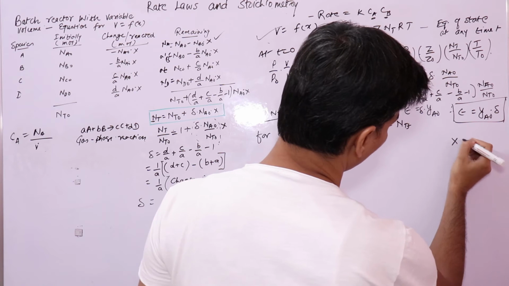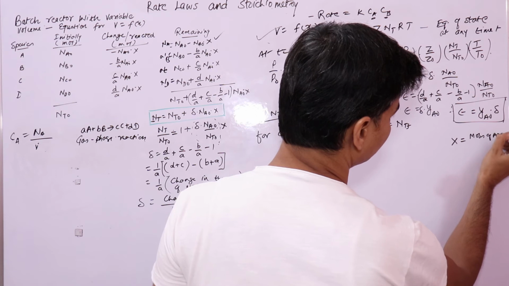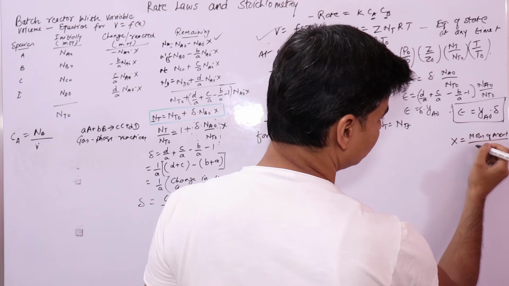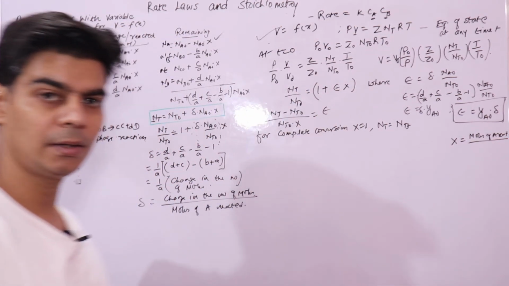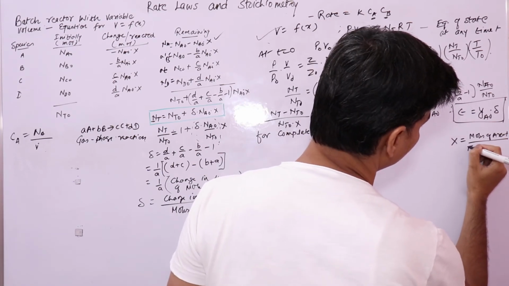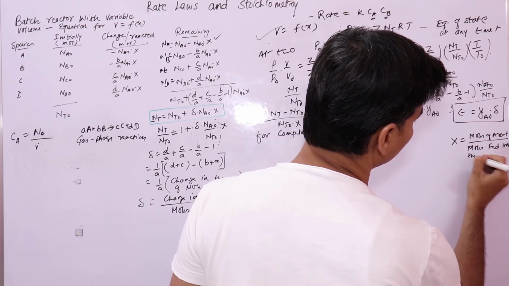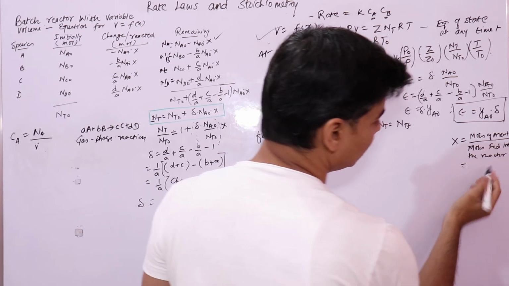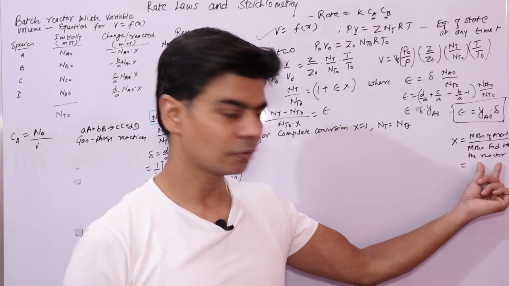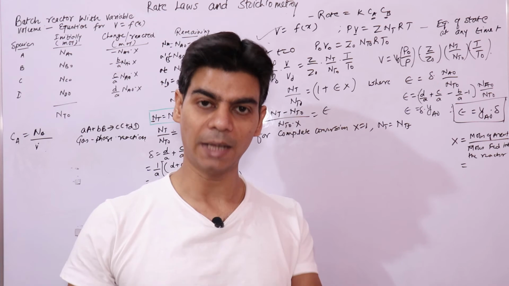And x is equal to, if you just recall, moles of A reacted divided by total number of moles of A fed into the reactor, right? So when we say complete conversion, that means the total number of moles fed will react, because conversion X represents how much of the reactant has reacted.